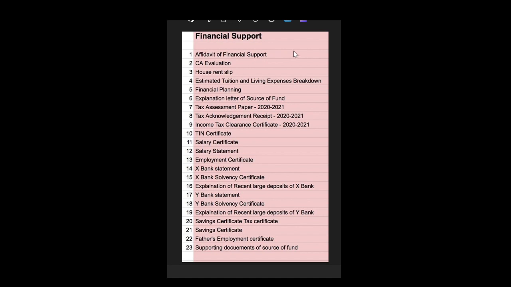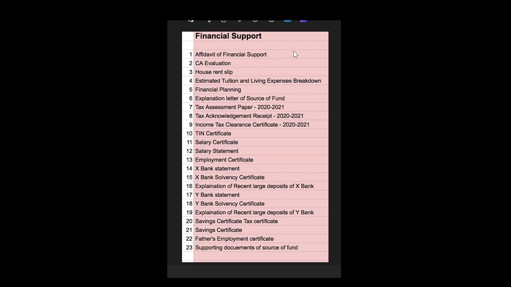If you do not know how to do an affidavit, go to a notary public and tell them that you need an affidavit that someone is going to finance your studies. So make a document that is an affidavit of financial support, and that notary public will take care of you. You do not need to stress out yourself. This is not like doing a PhD in rocket science. This is so simple, it's as simple as water.